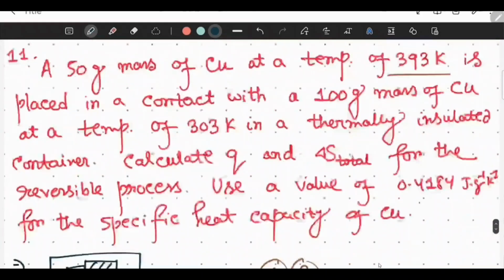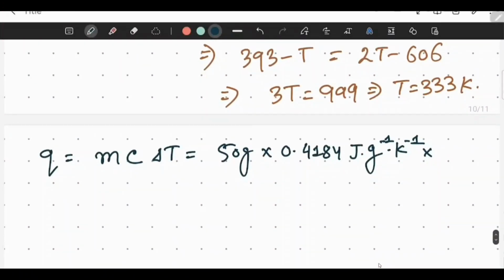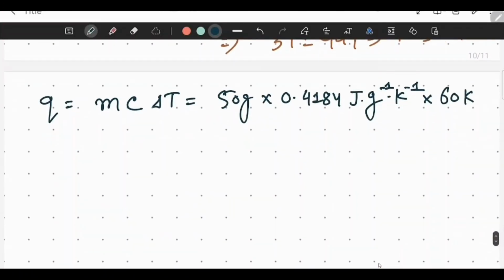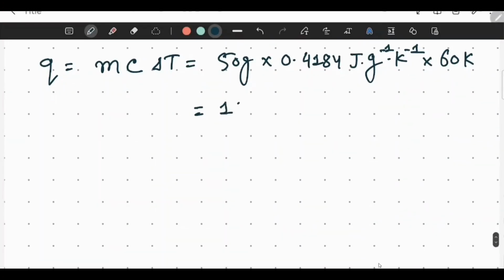It is 333 and it was eventually 393, so it is 60 Kelvin. So only joule will be there. It is 50 into 60 into 0.4184, so it is 1255.2 joule. So this amount of heat will be exchanged.